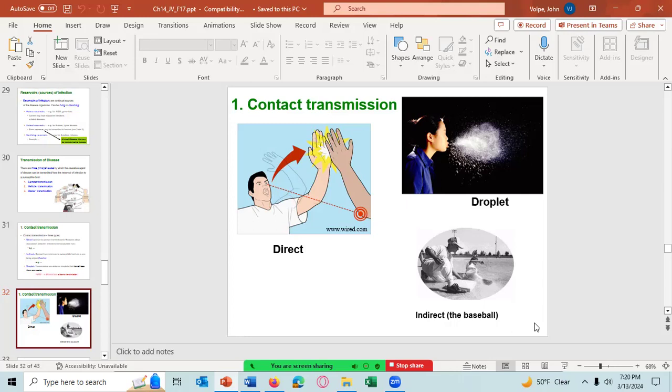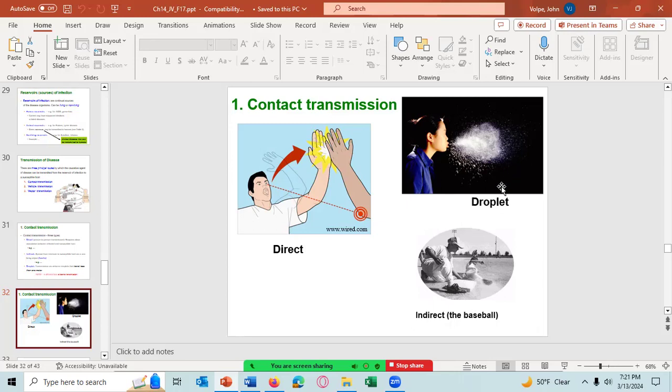So the baseball does not give it directly, it gives it indirectly, and then the patient has to further spread it to their mucous membrane. On the hands, would not likely cause disease. There are some exceptions, like maybe Staphylococcus aureus could cause a skin disease on your hand, but most diseases, you have to inoculate the mucous membrane.